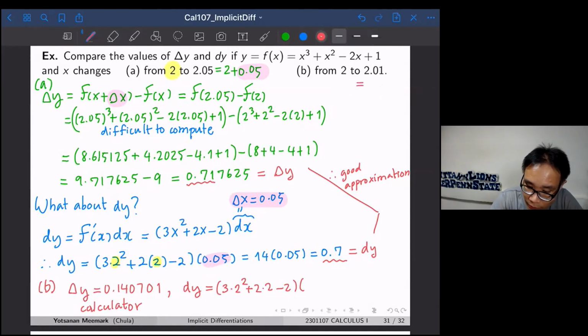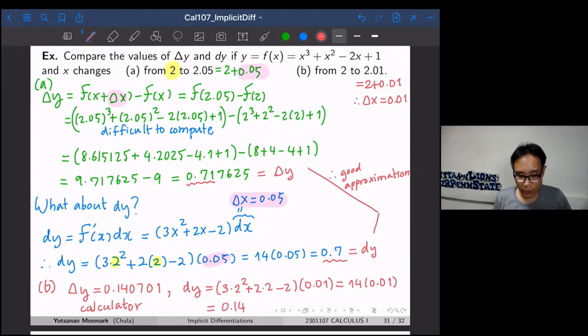So this is equal to 2 plus 0.01. So you get delta x equal to 0.01. Okay, and this will be the number that I have. So this will be 14, 0.01. So this is about 0.14.